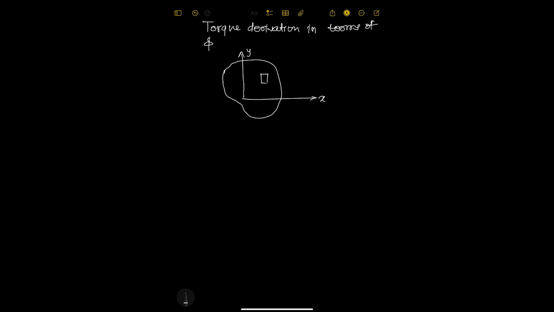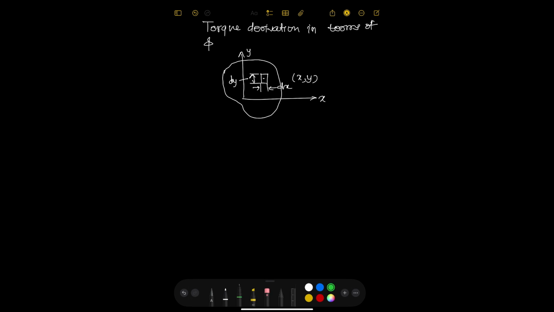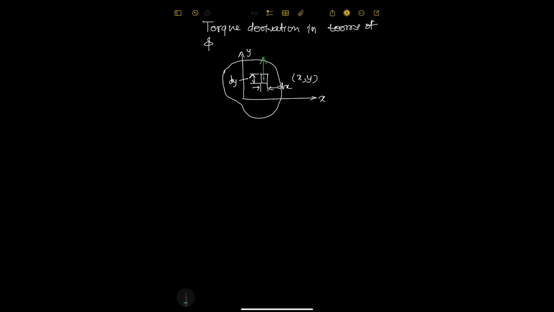This is the elemental area dA. The coordinate is x, y. Length of this element in x direction is dx, length in y direction is dy, and we know stress components tau yz and tau xz are acting on this area dA.